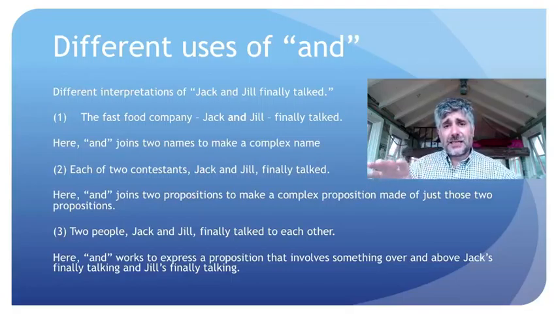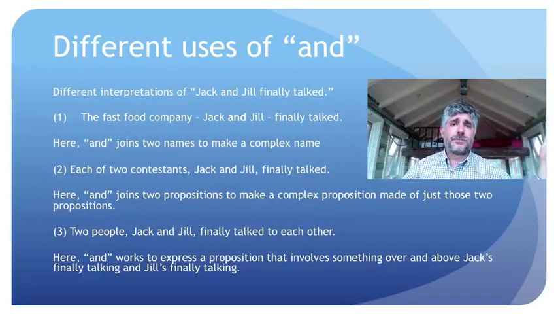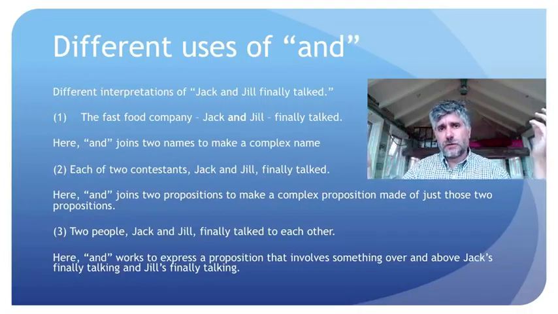Now there in that sentence, when I say "Jack and Jill finally talked," the word "and" is being used as a propositional connective. What I'm saying, in effect, is that Jack finally talked and Jill finally talked. So there are two propositions that I'm trying to communicate: the proposition "Jack finally talked" and the proposition "Jill finally talked."